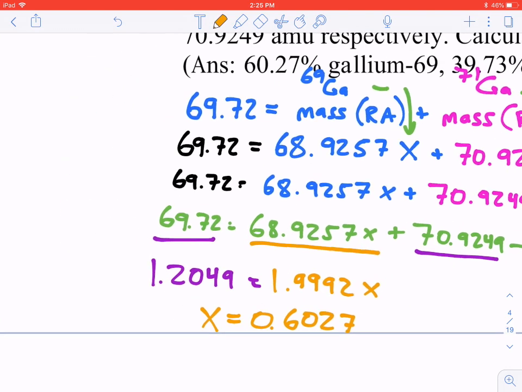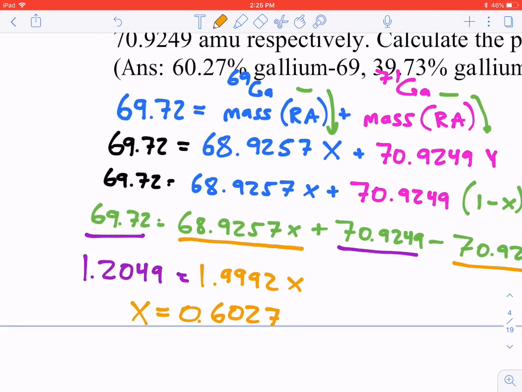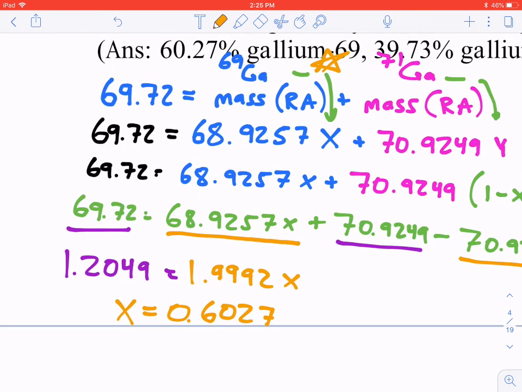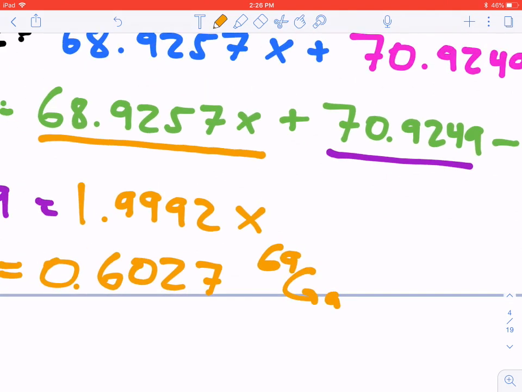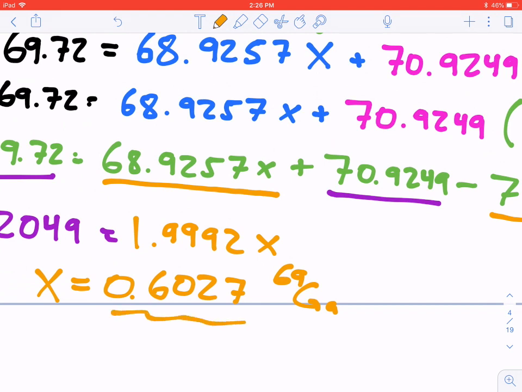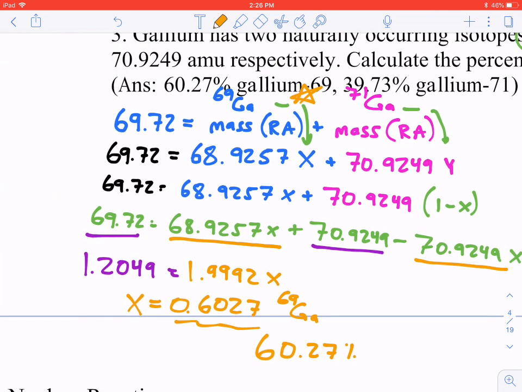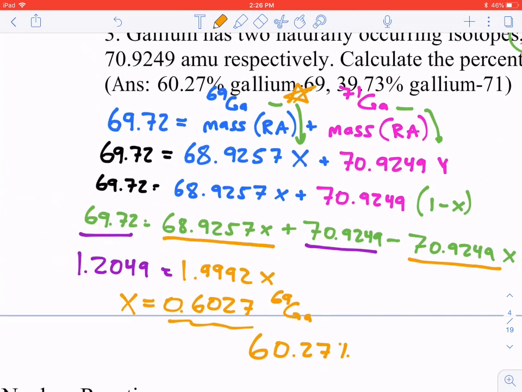So what does that mean? Well, x, you'll remember we gave up here originally to gallium-69. So what we're saying is that gallium-69 occurs, we don't want this in decimal form anymore, we want percentage, so it occurs 60.27% of the time.